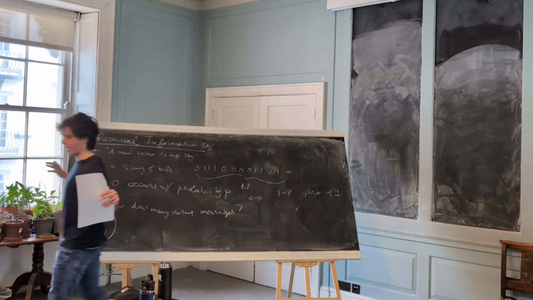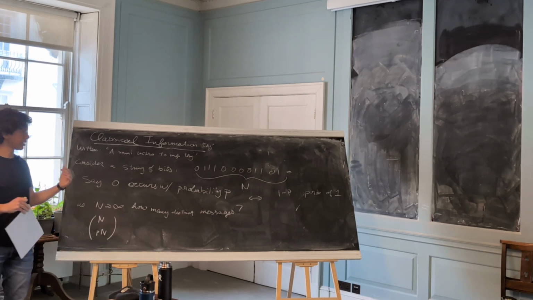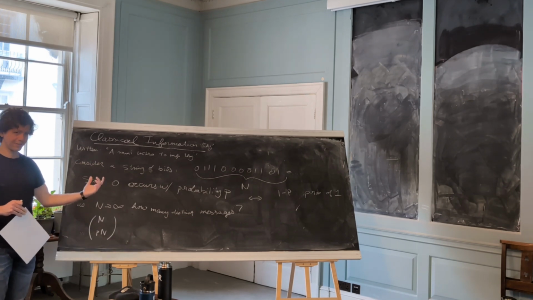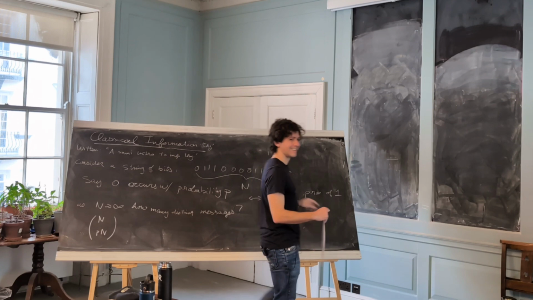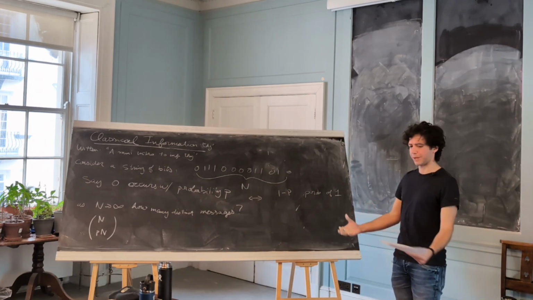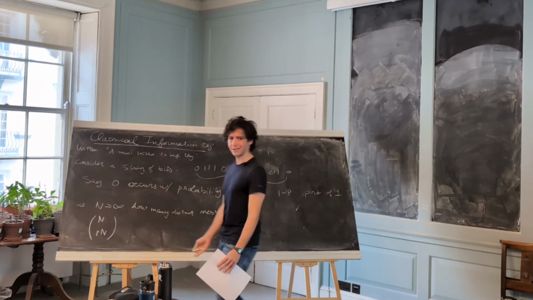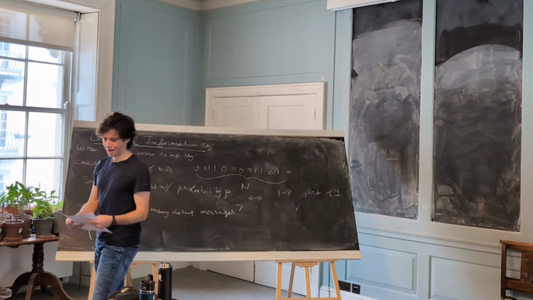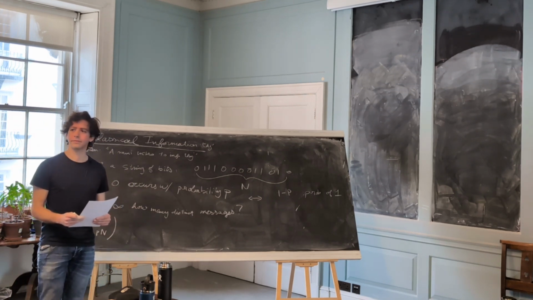You have a large message with n letters, and in that message you're going to have pn zeros, because zero occurs with probability p. So the number of distinct messages is you choose pn out of n, and that's it, right?